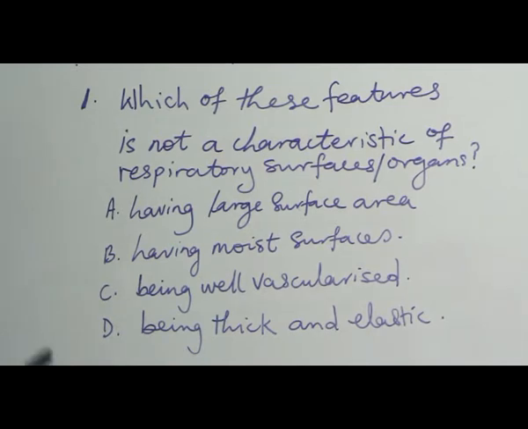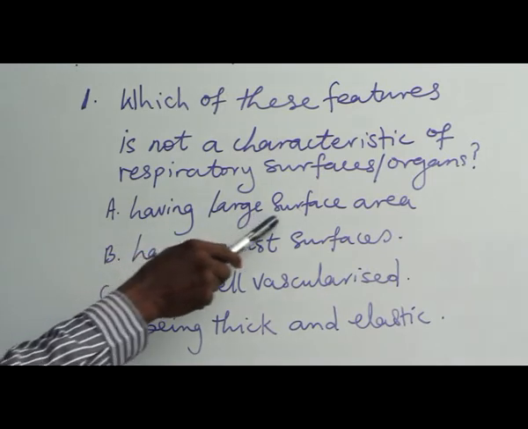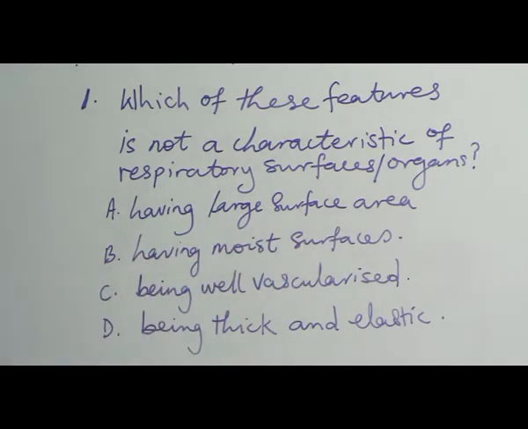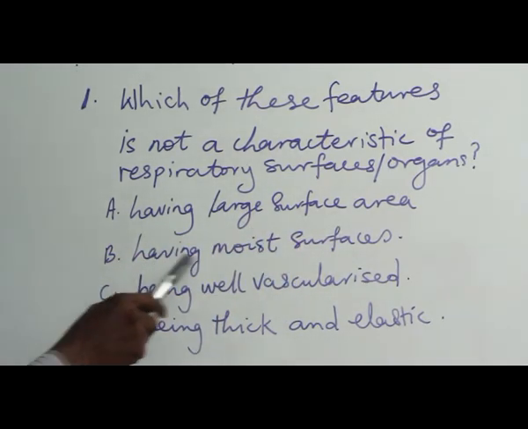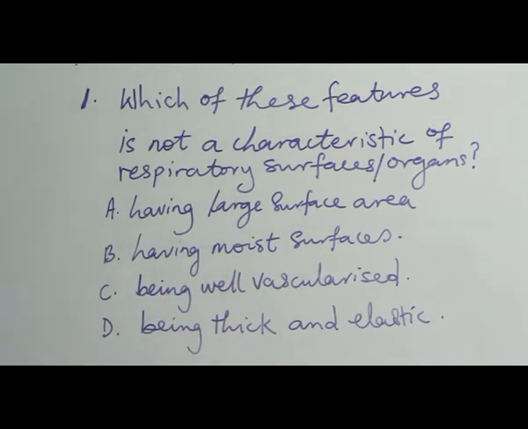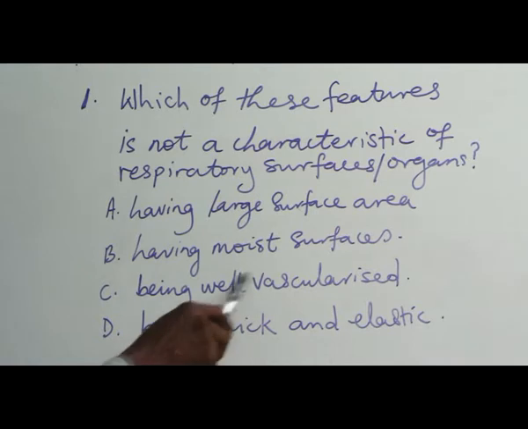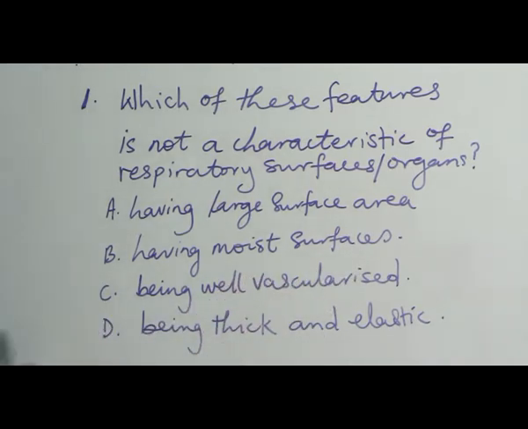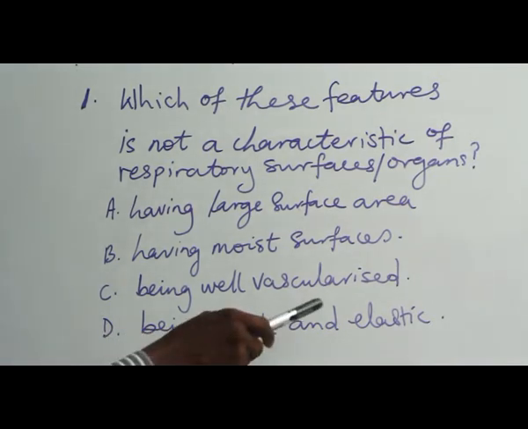Now, let's look at our options. Option A, having large surface area. That is one of the characteristics. B, having moist surfaces. One of the characteristics. C, being well vascularized, well supplied with blood. That is one of the characteristics. Then the last one, being thick and elastic.